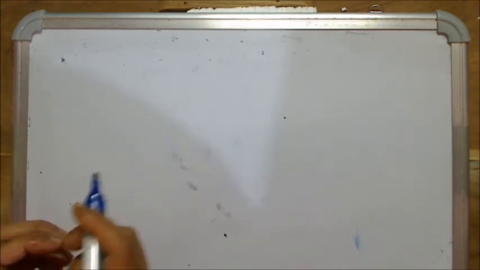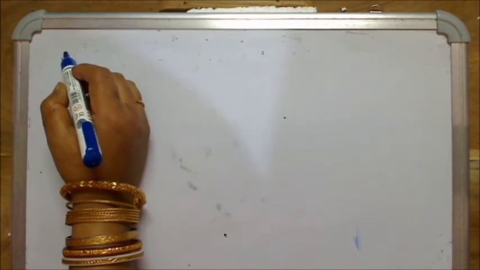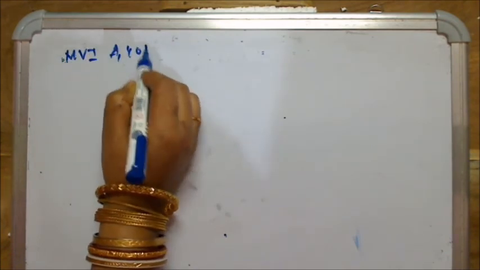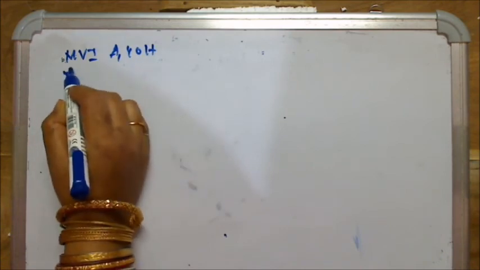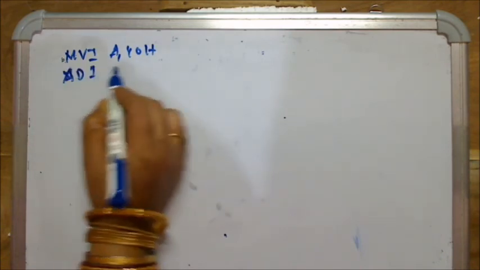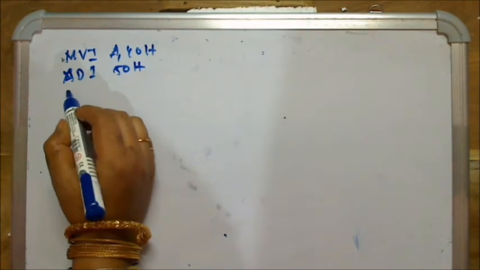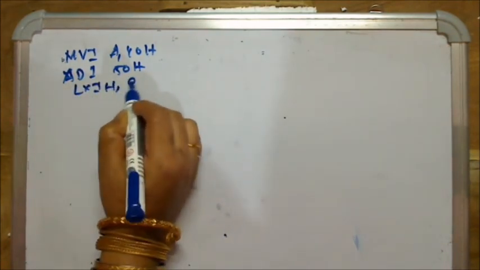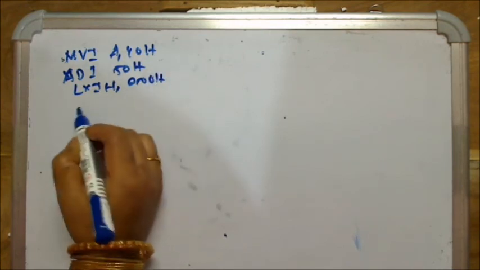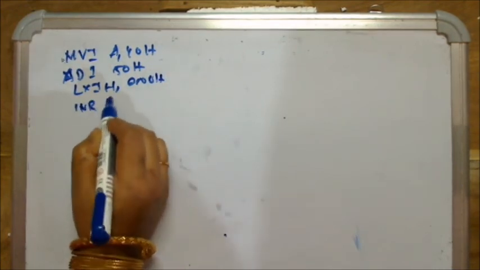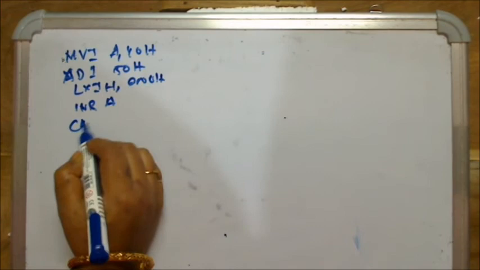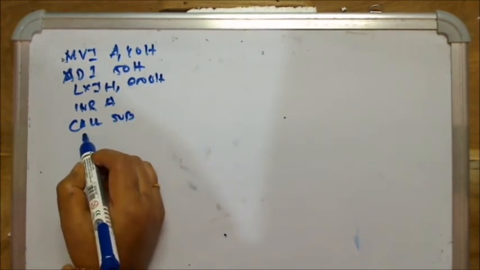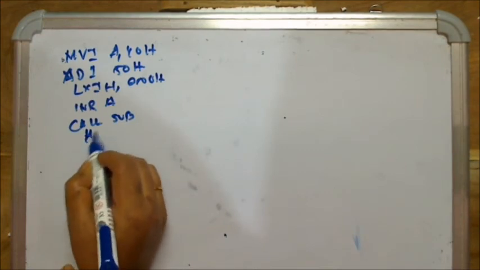MVI A, 48, then ADI 58, then LXI H, 2008, then INR A, then call subroutine, and then HALT.